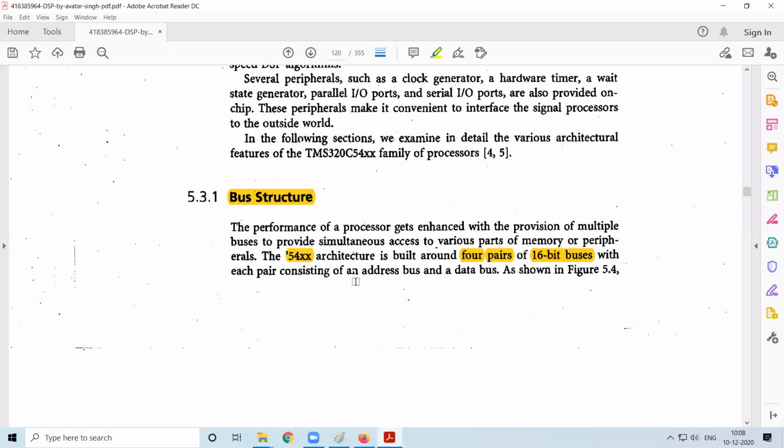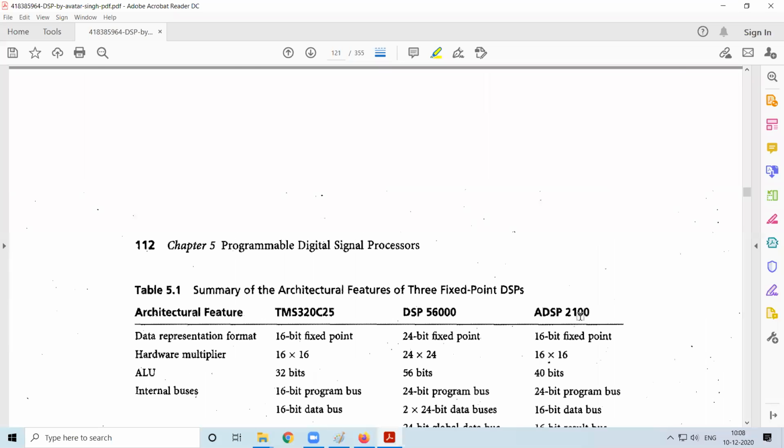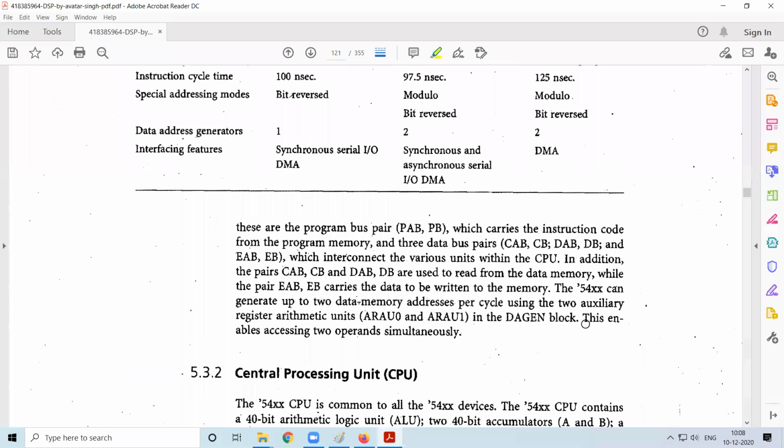So each pair consists of one address bus and one data bus. One bus in each pair is for accessing the address and the other is for accessing the data. This is how it goes in this architecture.